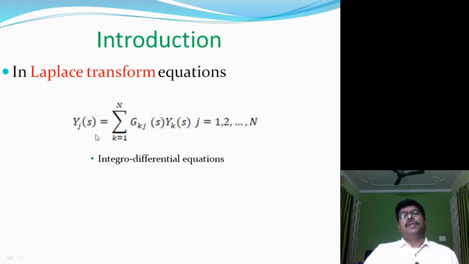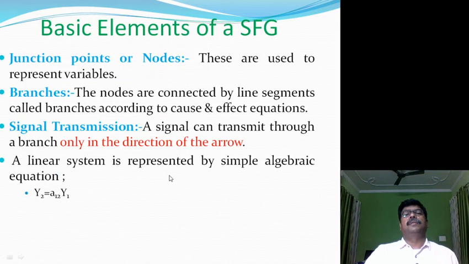So in Laplace transform you can write yj(s) equal to summation of gkj(s) yk(s), where k equal to 1 to n and j equal to 1 to n. So this is an integral differential equation.